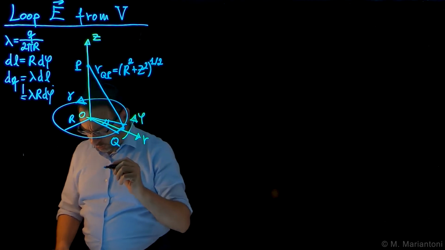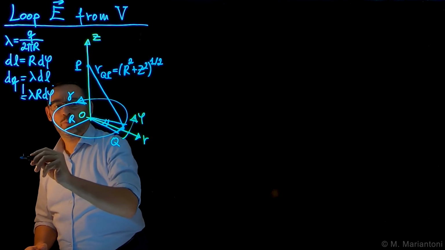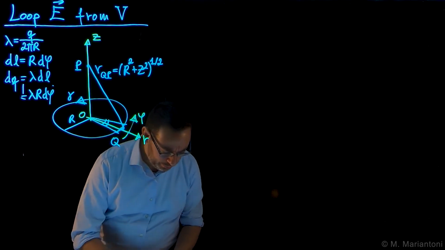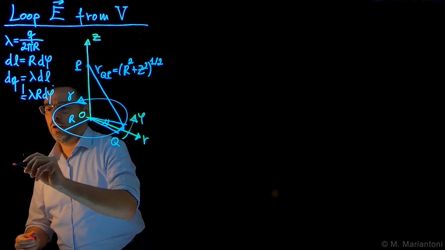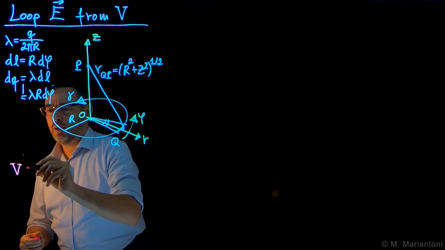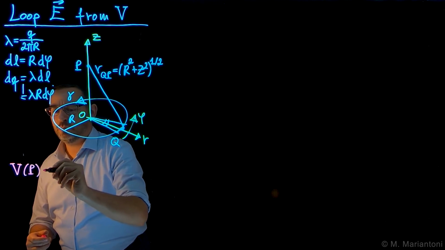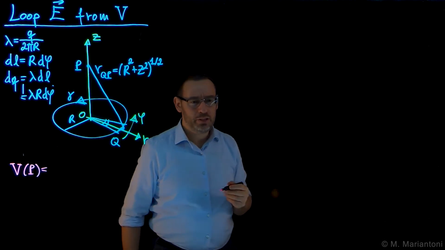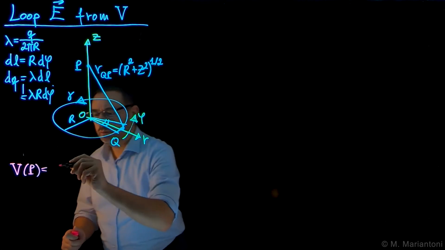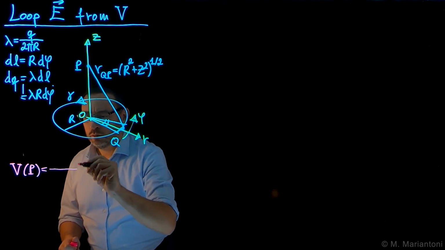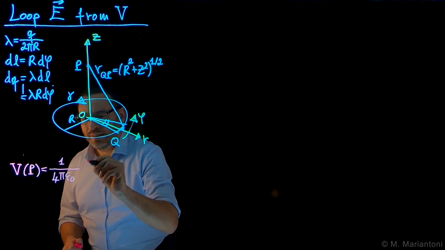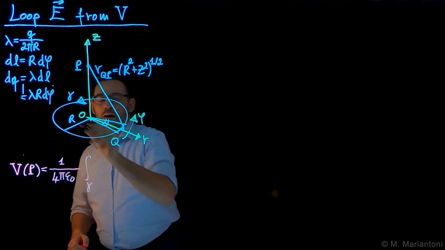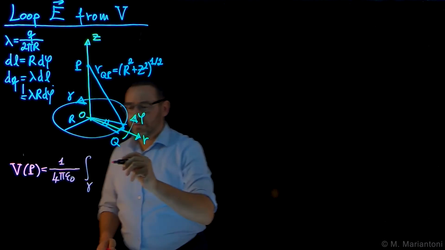Therefore, the electrostatic potential V at point capital P, our observation point, we can write as 1 over 4 pi epsilon naught, the integral on line gamma of dq divided by R_QP.